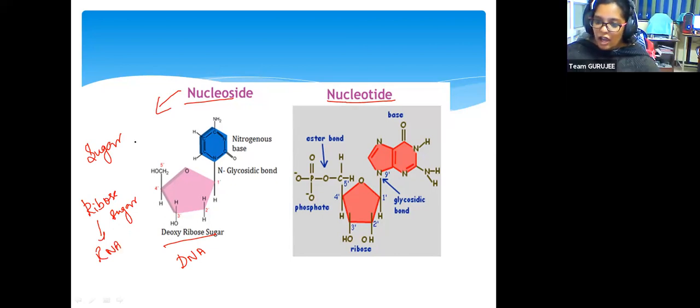A sugar along with a nitrogenous base is called a nucleoside. The sugar may be deoxyribose sugar in DNA or ribose sugar in RNA. The nitrogenous base and the sugar are combined with a glycosidic bond.